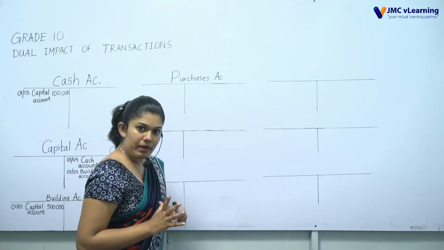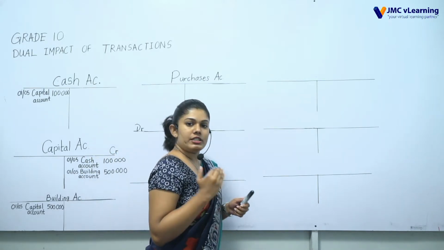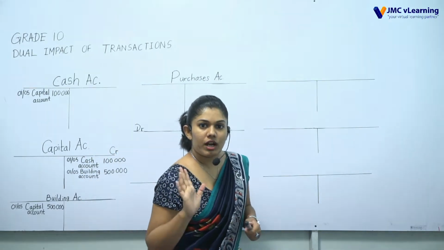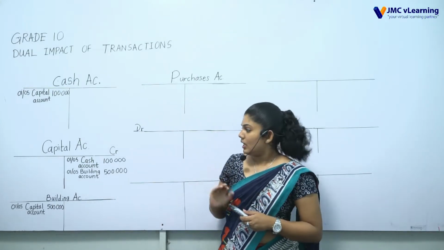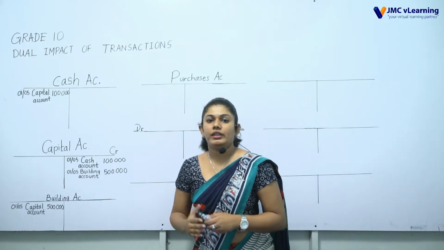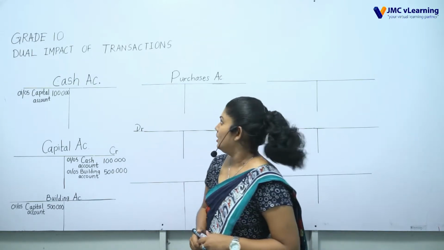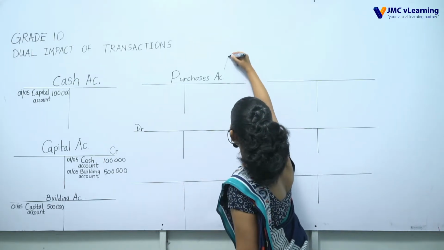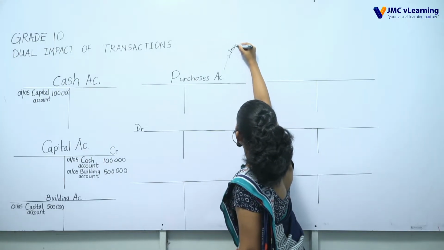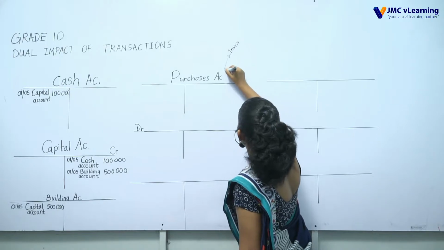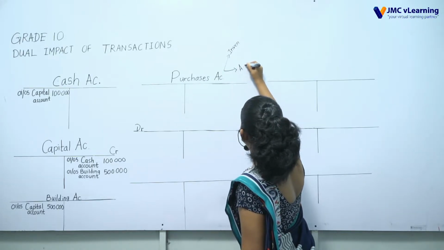My students, remember, when you're purchasing anything, you can't record it in this particular account. Because in purchases also there are two segments. Purchases, there are two parts: inventory and assets.